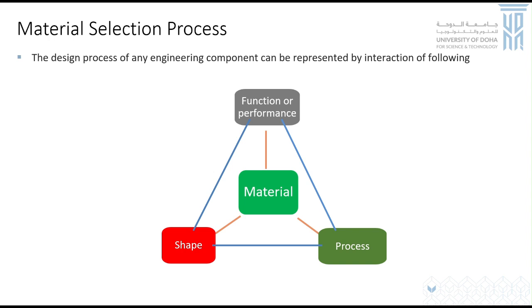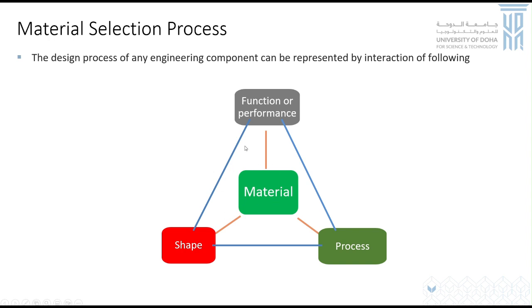So you may have additional constraints on your material selection because of the choice of the process that you have. Okay, and this is linked with both the material as well as the shape that you can produce. So that's why I have shown all of these arrows being linked together to define your material selection.